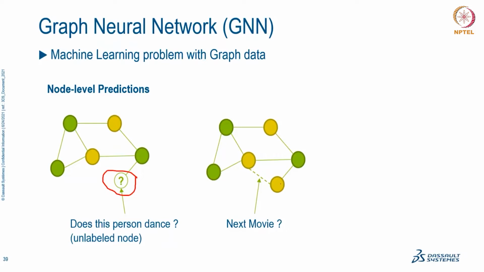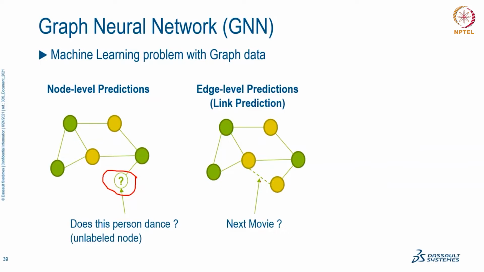So these are the nodes of movies, and we have some genres of the movies already defined, and based on those genres, will this movie be recommended to you or not? This is called link level prediction, or edge level prediction.